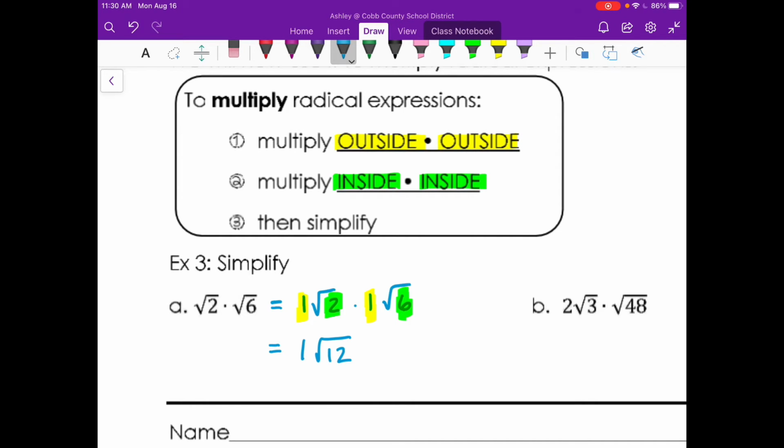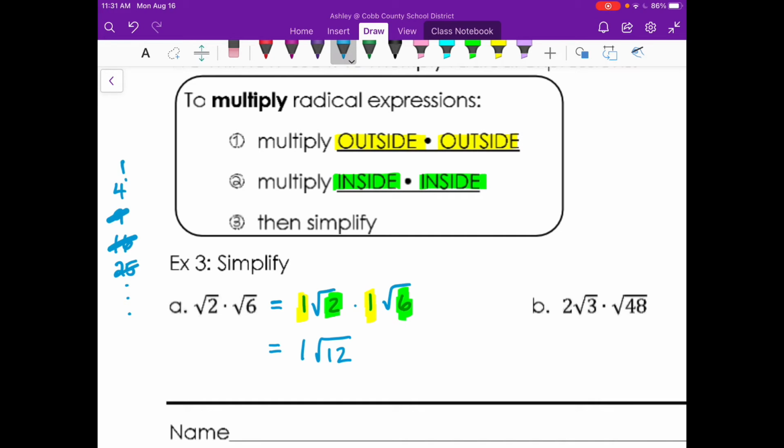So I want to divide radical 12 by some perfect square. Remember, our perfect squares are 1, 4, 9, 16, 25, etc. 25 is too big to divide into 12, 16 is too big to divide into 12, and so is 9.